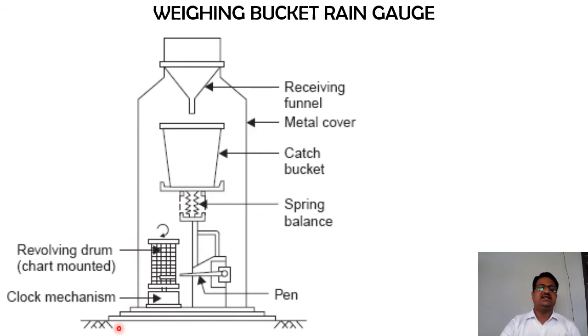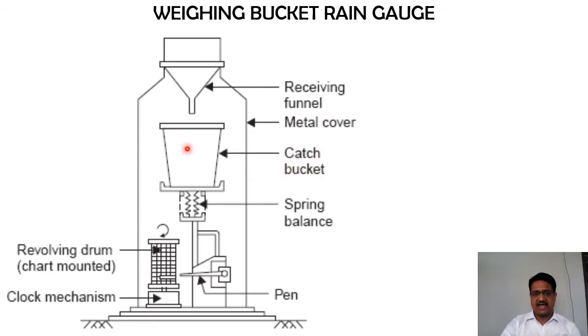First let us understand this particular construction, and then we'll go for the working principle. Again we have the receiving funnel, the rim, and a metal cover to protect the inside working of the machine.